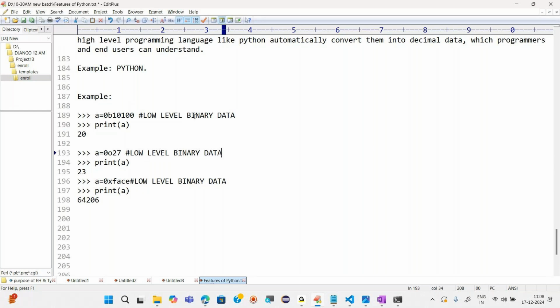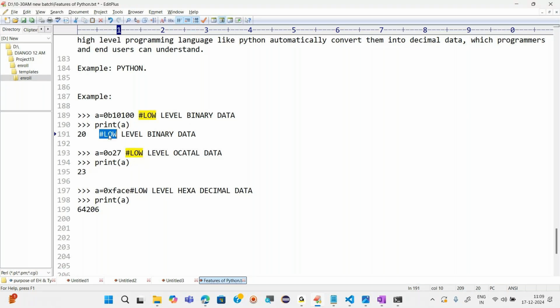So this is low level binary data, this is low level octal data, this is low level hexadecimal. And whatever we are getting as output, these are high level data. Copy it and I will paste it here. These are my high level data. This is also high level.